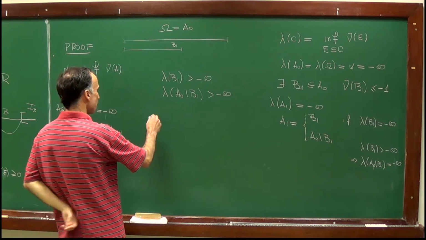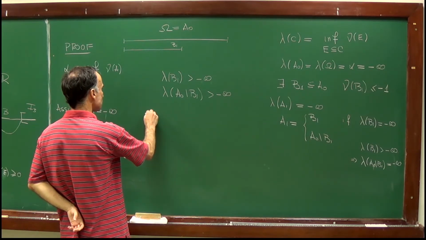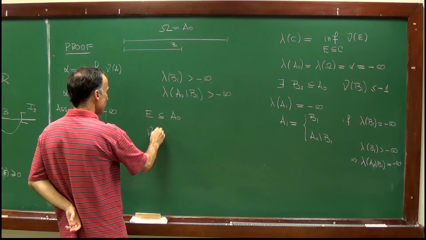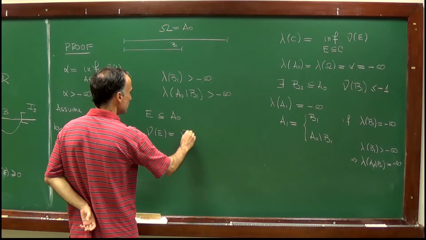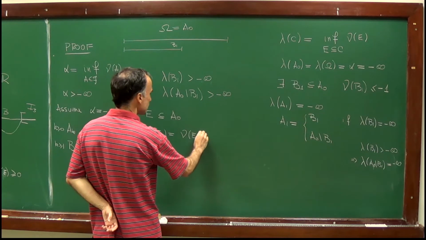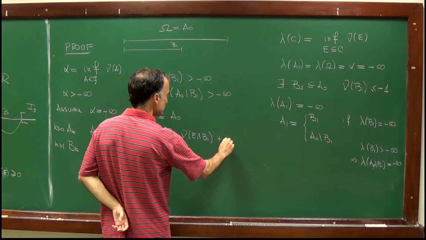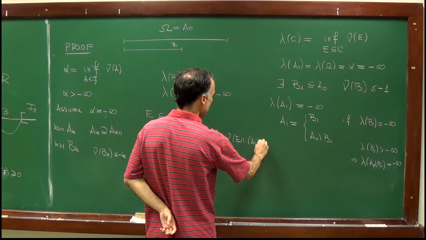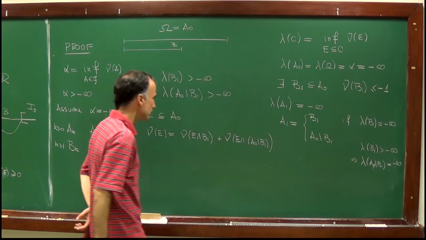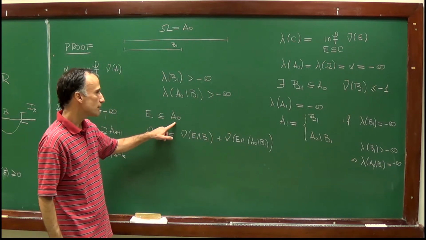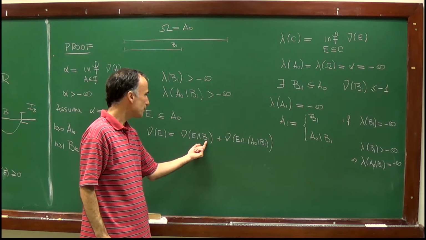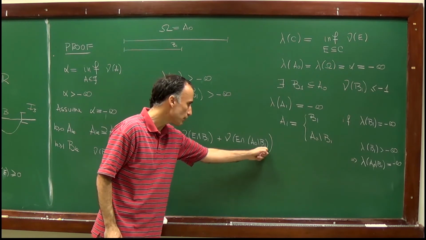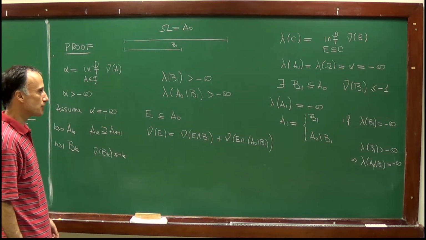If I take any set E contained in A0, then the measure of E is equal to the measure of E intersection B1 plus the measure of E intersection A0 minus B1, right? Because E is contained in A0, so either it has intersection with B1 or it has a piece in A0 minus B1.